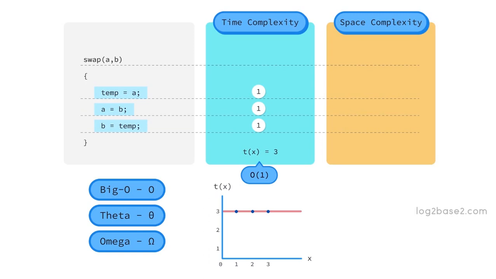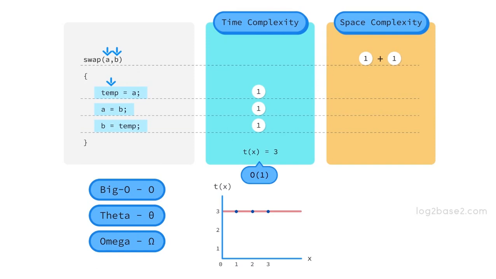Now let us discuss the space complexity. In this swap function, we have two parameters, variables a and b. So let us say a takes 1 unit of memory and b also takes 1 unit of memory. Then, in the first statement, we have temp = a. That is, there is a new variable other than a and b.